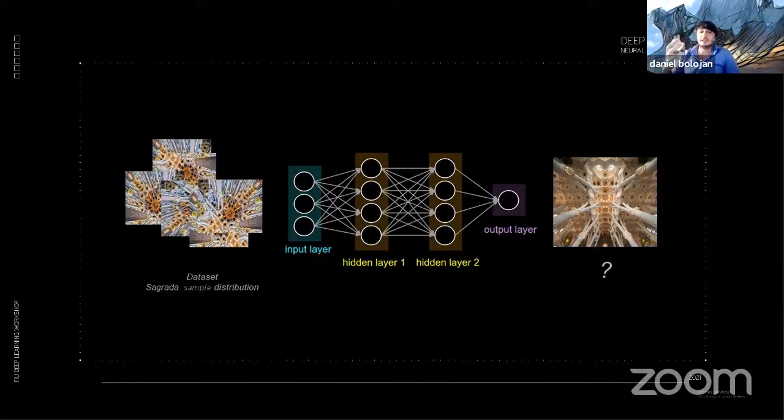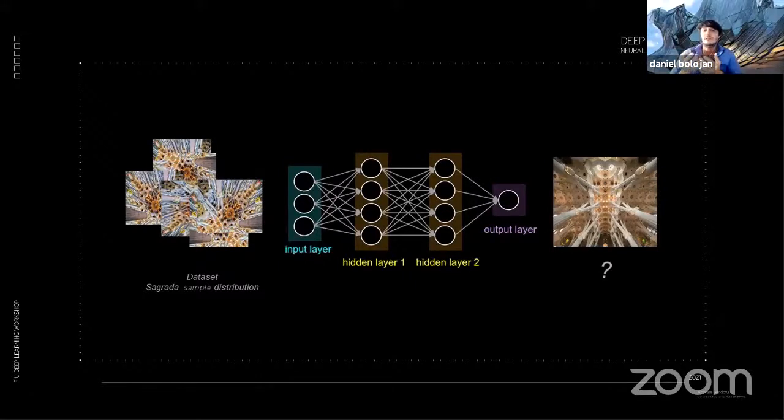When I say distribution, I mean that if I give images of Sagrada Familia to the network, then after the network has learned, the expectation is that it is able to output or create completely new images that are from the same Sagrada Familia distribution.